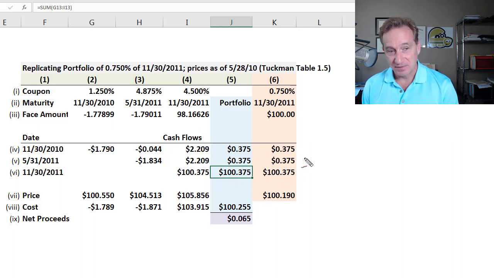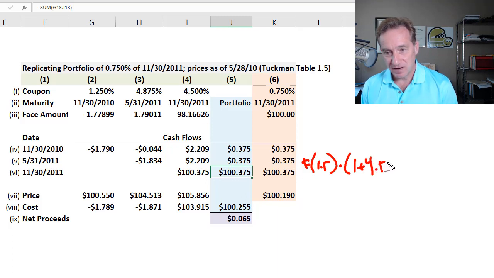So really the math is that we want the face amount of the 1.5 year bond multiplied by 1 plus the 4.5% coupon divided by 2, right? So this is the future cash flow. However much face value we buy of this bond, here's 1 for the par or principal plus half the coupon. So that's the final cash flow of this bond.